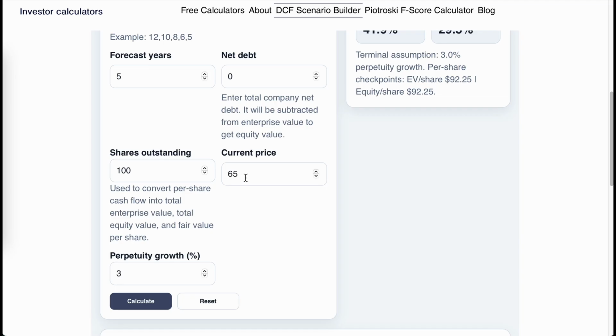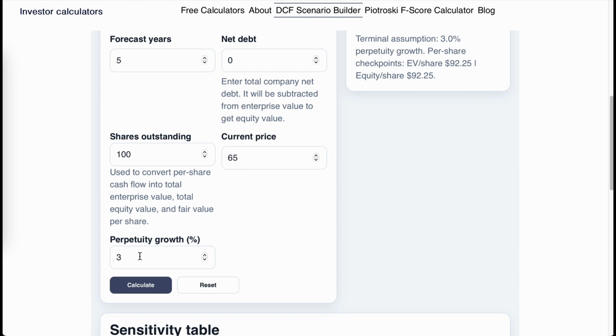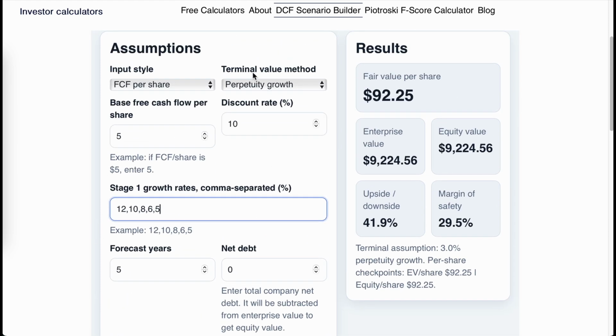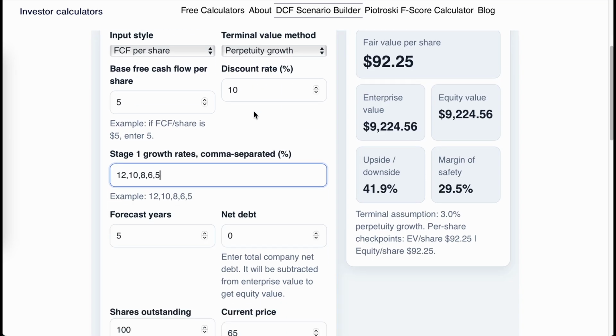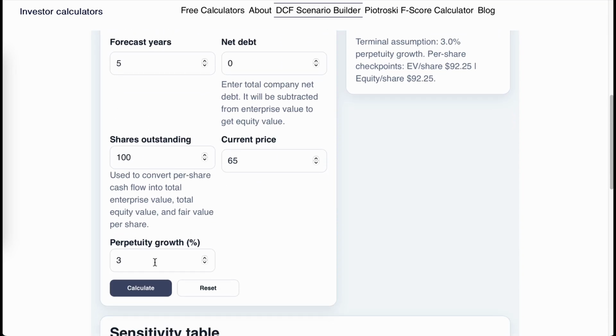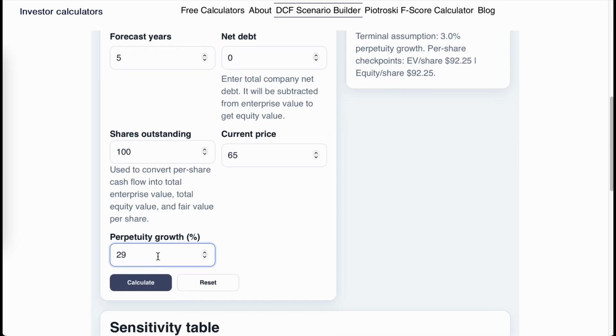The current share price, you can Google it, or if you're tracking some share or if it's in your investment portfolio, you can take the last trading price. And this is the perpetuity growth rate. Since we're taking this terminal value method as a perpetuity rate, we are taking this growth rate and let's put it at 3% as initially was set.